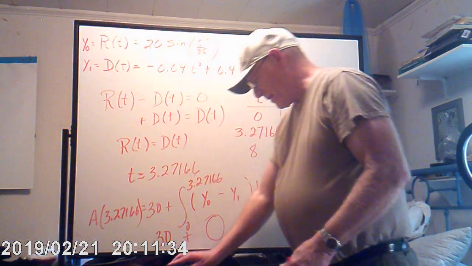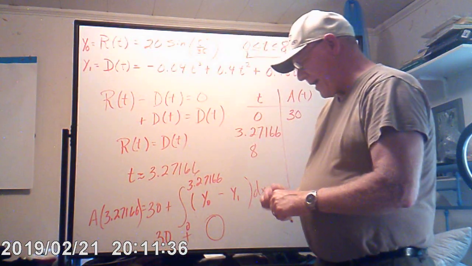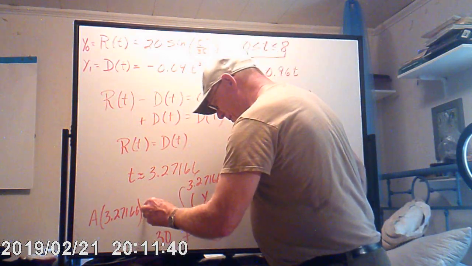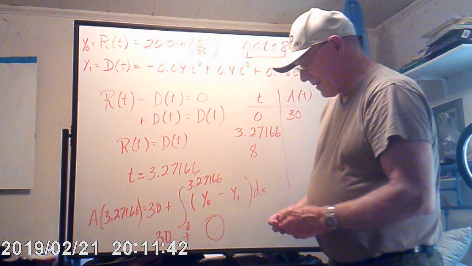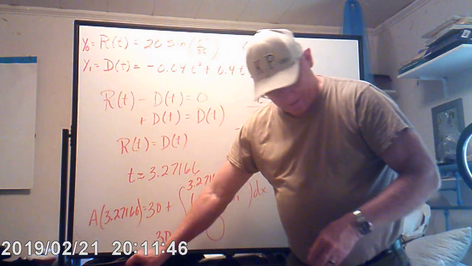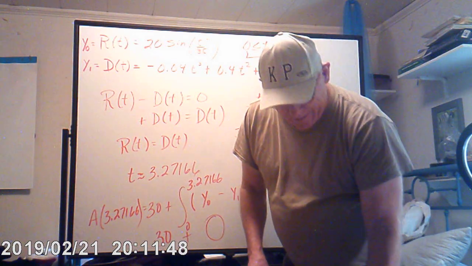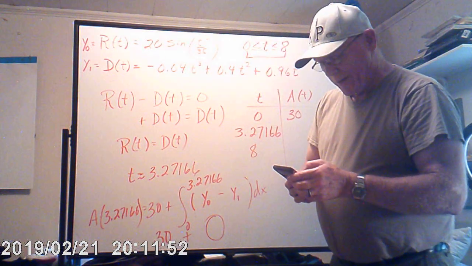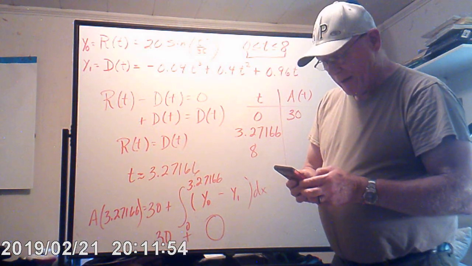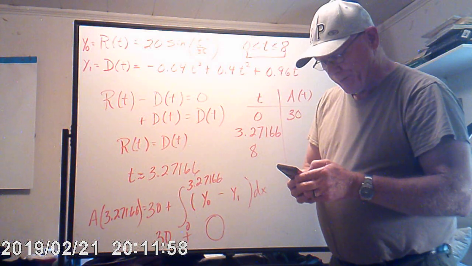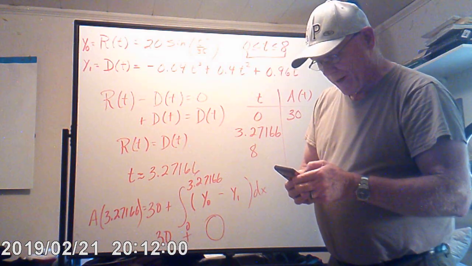When I do that, now we've got to remember it is 30 plus. So don't forget your 30 in that. You've got to add 30 to that. In this case, I already have the answer. Let's see if I can find it again.